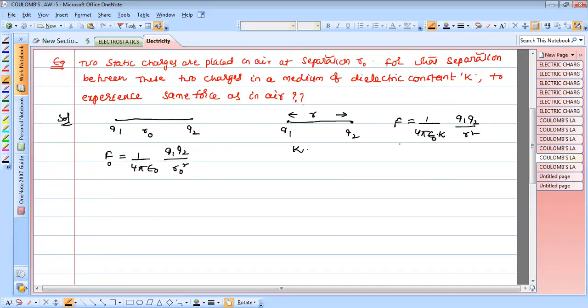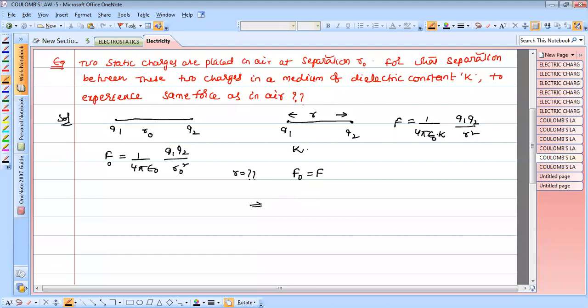What does the question want? We want to find the R to make both the forces equal. Look at the question: for what separation between these two charges in a medium of dielectric constant K do they experience the same force as in air? Now F naught equals F. R naught is known and K is known; the remaining are unknown.